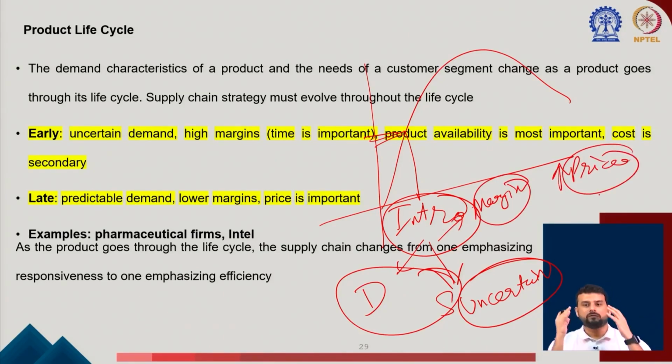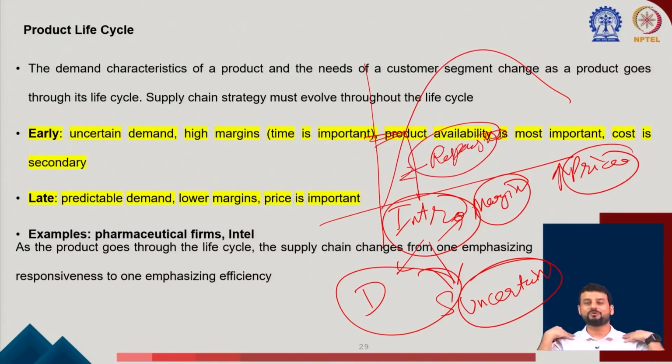We are also not sure about the manufacturing; standardization is not there, and we are struggling with defects. So in the introduction stage you should be responsive, because you are not clear about the demand or the supply.